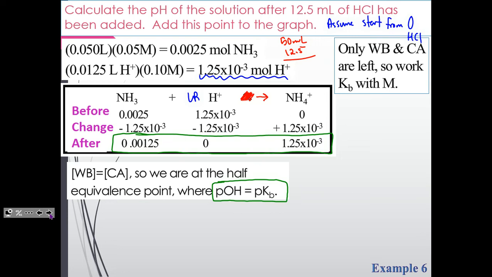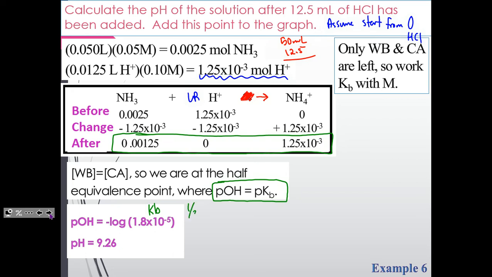So we don't need to use a rice table here, but if we did, we would use the molar amounts. So if I take the negative log of the Kb value, that's going to give me pOH, and remember, this only works at the half equivalence point. The pH ends up being 9.26. So we've dropped a little bit more, but this is at the half equivalence point.